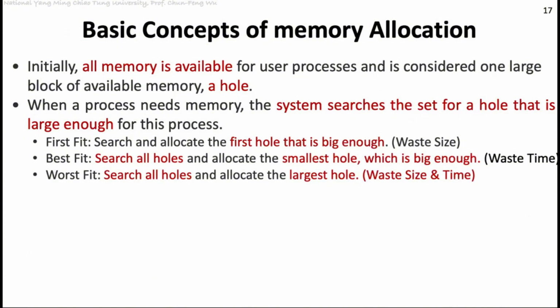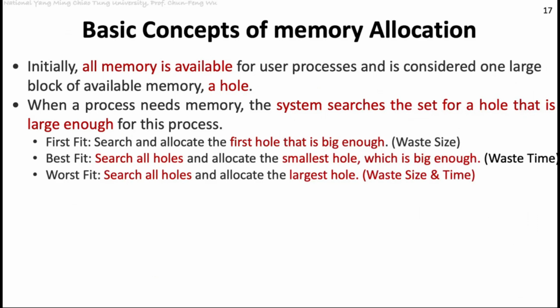Maybe you are thinking, why do we need worst fit, right? The reason I say it wastes size and time, especially size, is that at this moment it is a waste. But because our system is running, no one knows the future. For example, with worst fit, if the process is now asking for a smaller memory space, for example 1 megabyte, but the system gives it 10 megabytes, it is a waste now because we waste 9 megabytes.